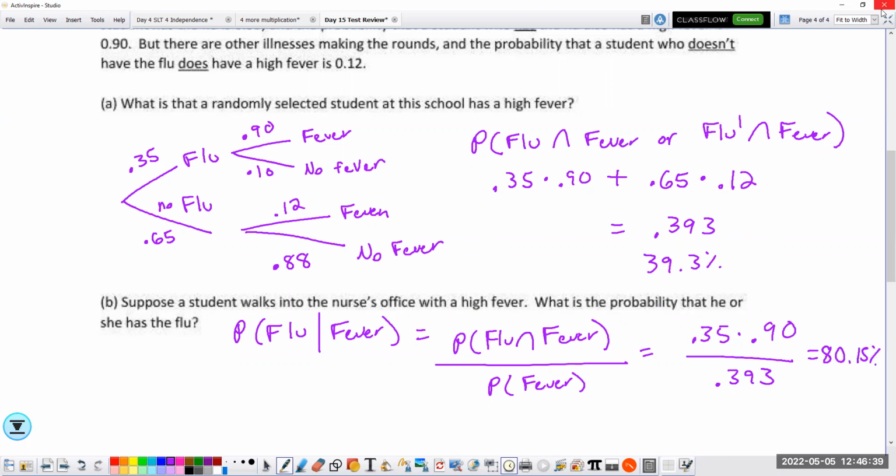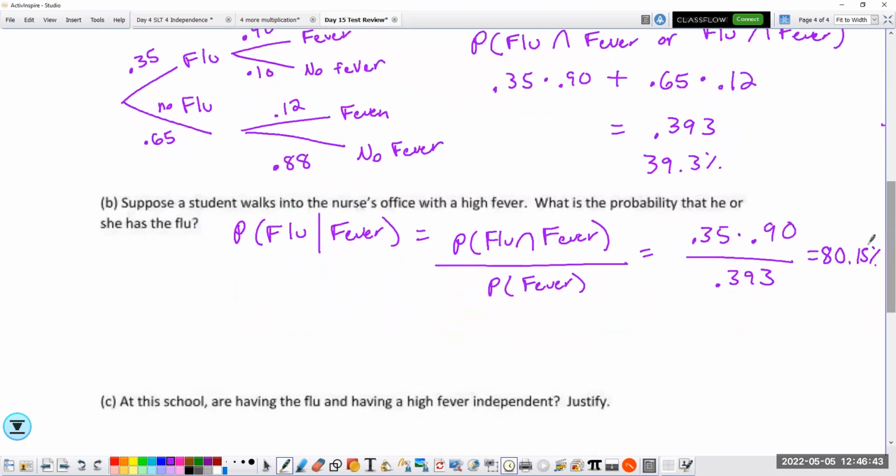The last question is, are having the flu and a high fever independent? I know the probability of having the flu is 35%. I know the probability of having the flu, given that we have a high fever, which I just found above, is 80%.